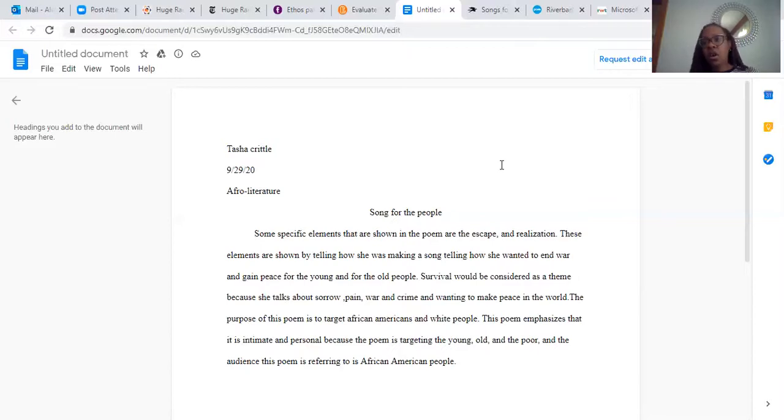But is there also a figurative meaning behind the lines, if we're reading between the lines, about this need of producing songs for the people? So not just her song for the people, but the need in encouraging songs for the people. Do you guys know what I mean when I say that? Does that make sense? Let me pull the poem back up.